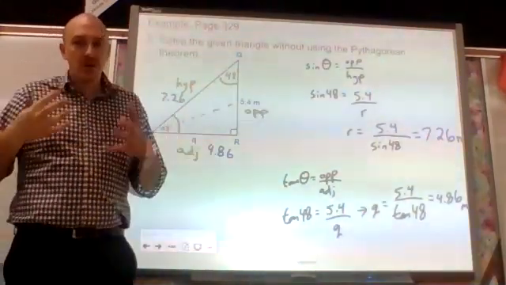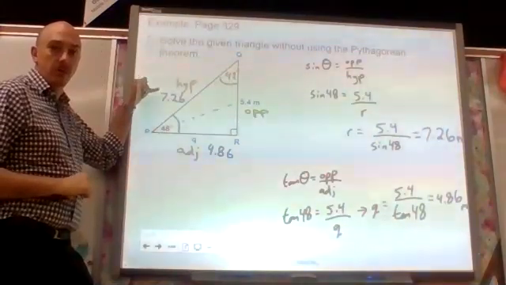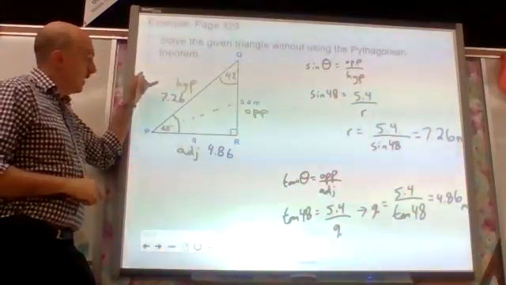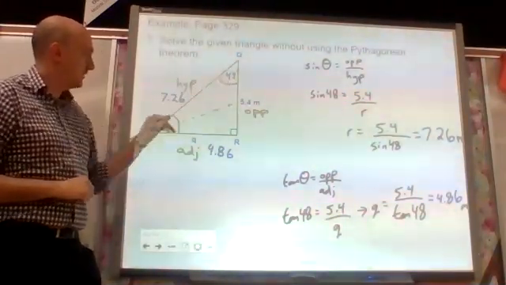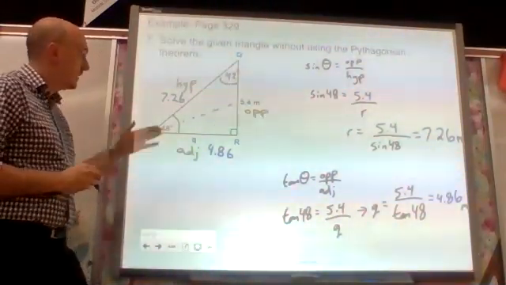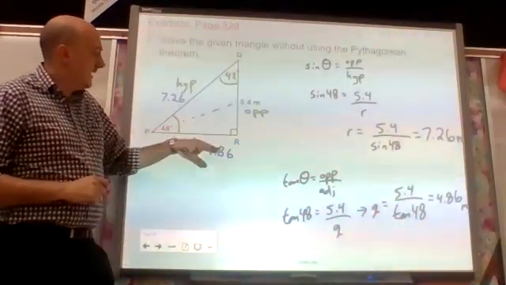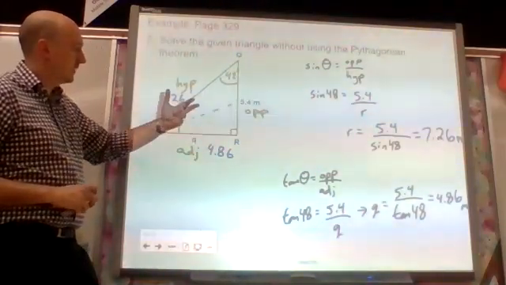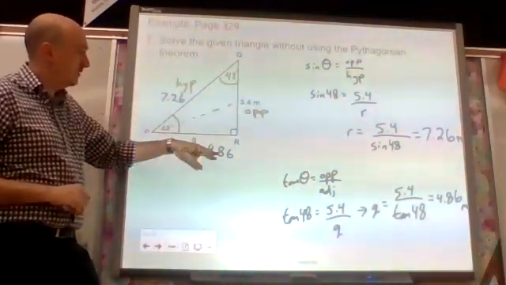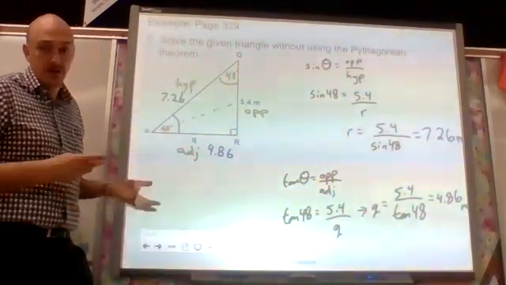I've got a full right triangle here. My hypotenuse should be the largest number. It is. My angles should all add up to 180, or my two acute angles need to add up to 90. They do. These two sides, when you add them together, have to be bigger than this side, and they are.